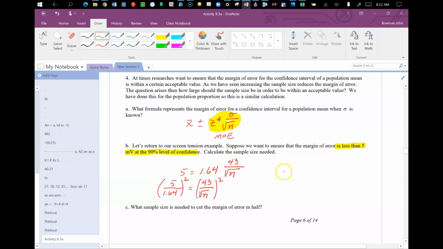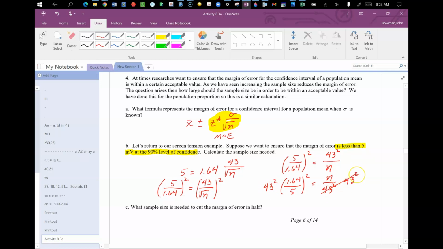So at this point, you have 5 over 1.64, quantity squared, is equal to 43 squared over n. I typically just take the reciprocal of both sides, so then you have 1.64 over 5 squared is equal to n over 43 squared. And then I would multiply both sides by 43 squared.